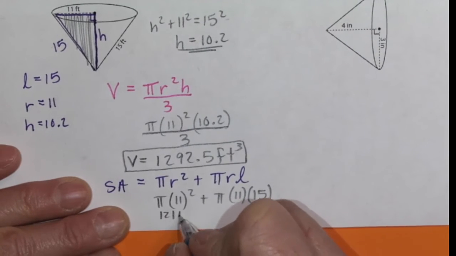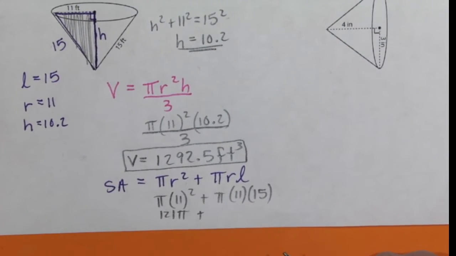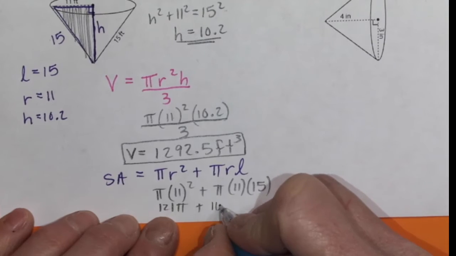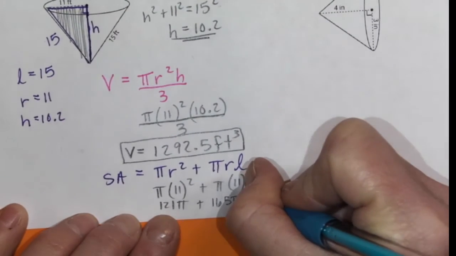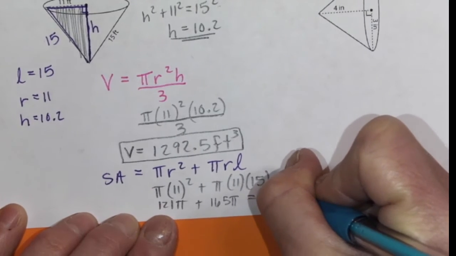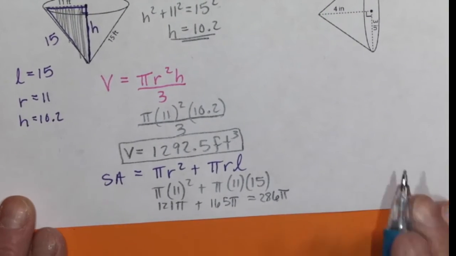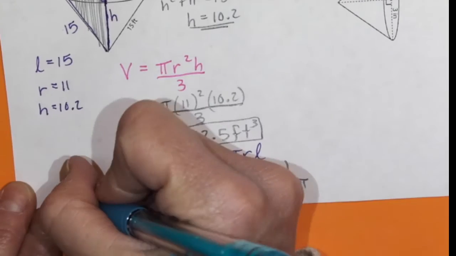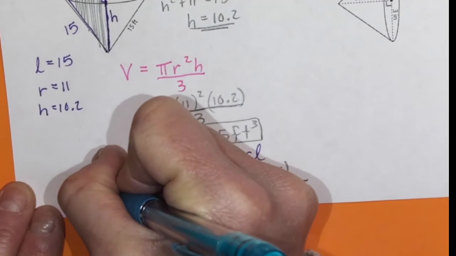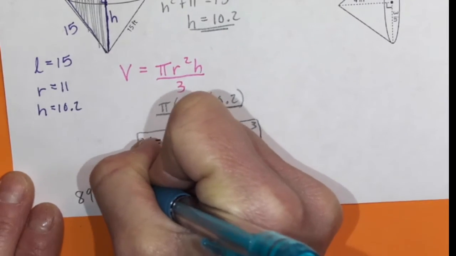So it's 121 pi plus 165 pi, which I got 286 pi. And if you multiply that out, sorry I ran out of room, I'll write it over here, it's 898.5 feet squared.